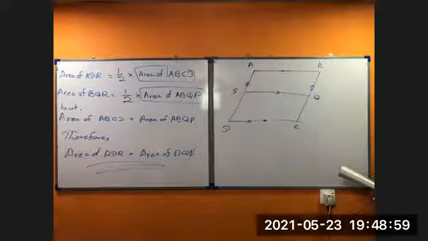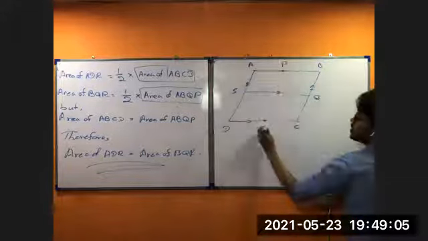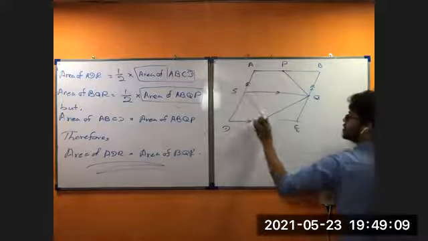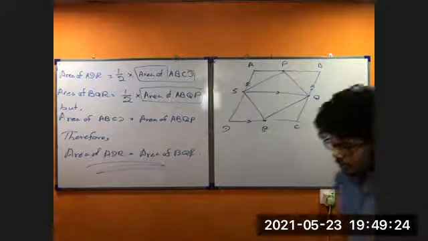So show that the area of the quadrilateral PQRS is exactly half the area of the parallelogram ABCD. Okay, how to do?